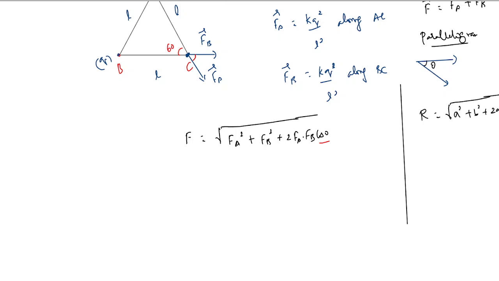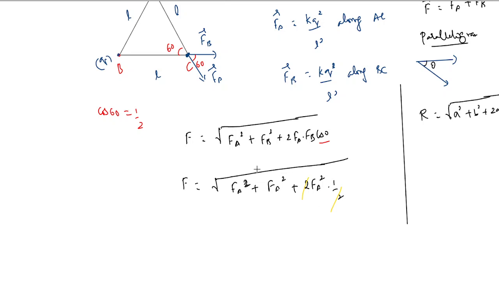That means even here the angle made is 60 only, and cos 60 is equal to half. Therefore what we get would be F is equal to under root of Fa square plus Fa square only, because Fa and Fb are same in magnitude, plus 2 Fa square into half, because cos 60 is half.